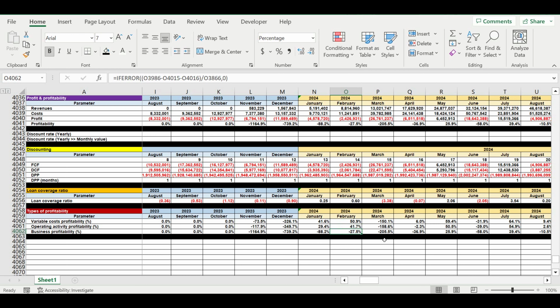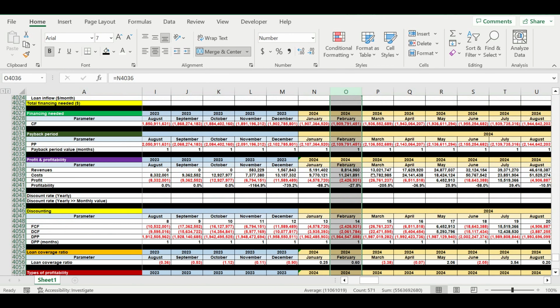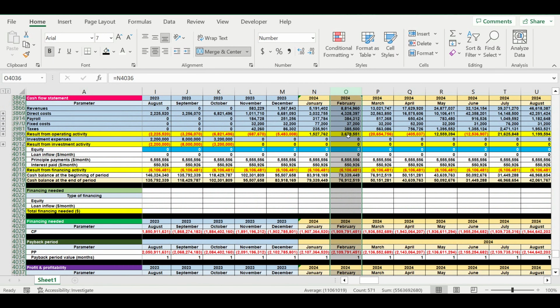This means that the loan significantly affects your business idea, eating all the profits that you gained inside operating activity. If we go up, for example, we will be able to see that here we have operating profit, and then we need to pay to the bank, and the bank will eat all our operating profit, plus we need to save some additional cash from previous profits to pay these payments.